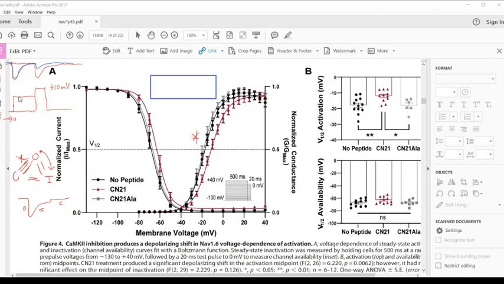So what you've done is you step to this new voltage here, and during this time you're allowing all the inactivation to take place, and then you step to a test voltage here to see how many channels have remained inactivated.